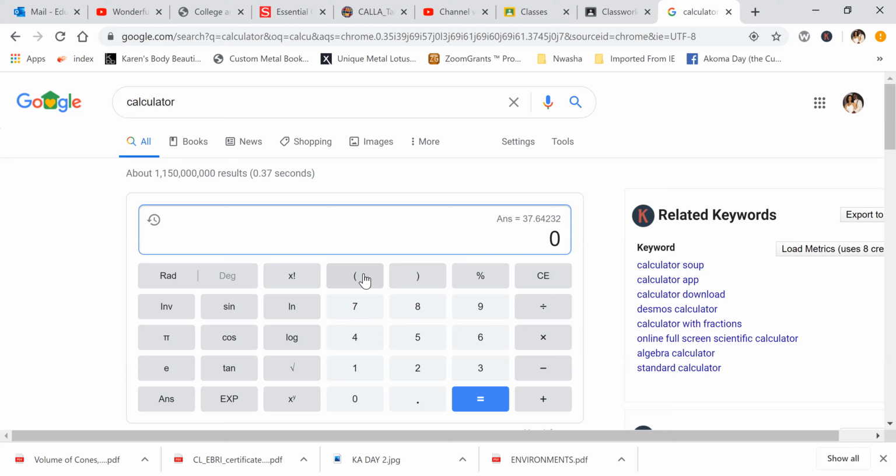If you want the calculator to do the order of operations, you can put the parentheses, or you just say 3 times 3 is 9 and start with the 9 times 4 times pi times 1/3. And you can do that multiplication in any order after you do the squaring.